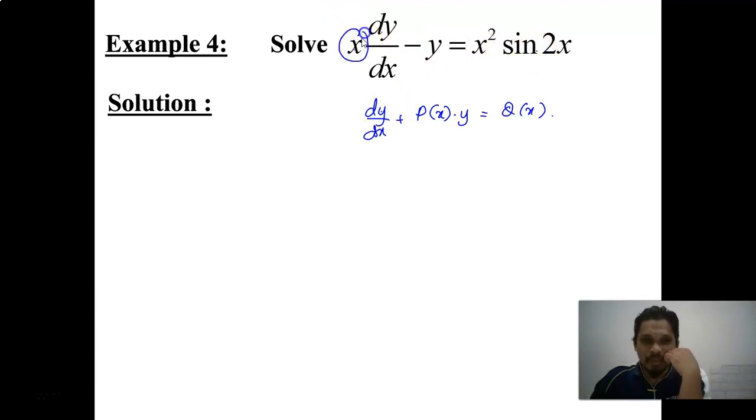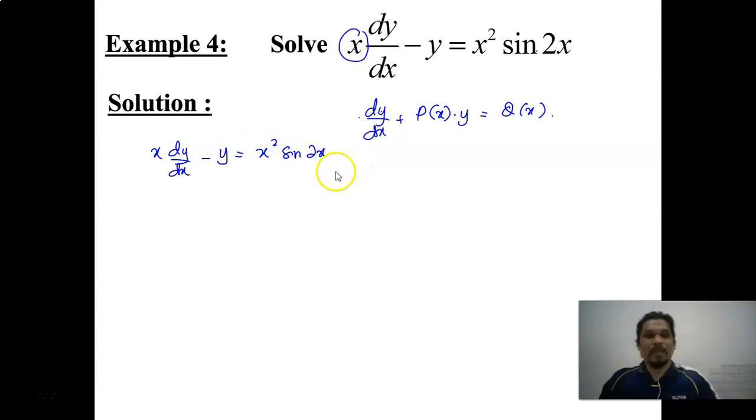Yes, we have this x. In general form, dy/dx is single, without multiplication with any variable or numbers. So at this point, x dy/dx minus y equal to x squared sine 2x.